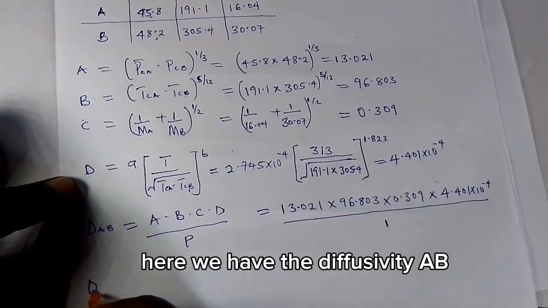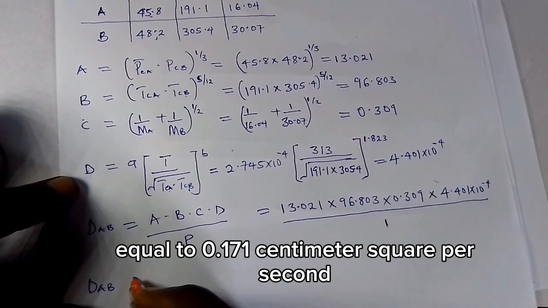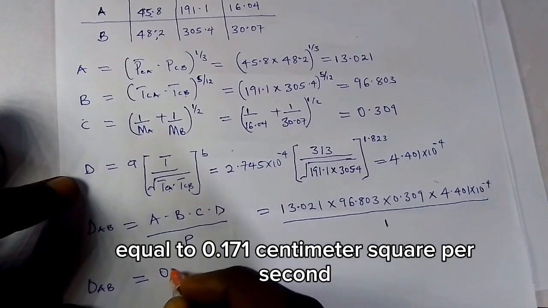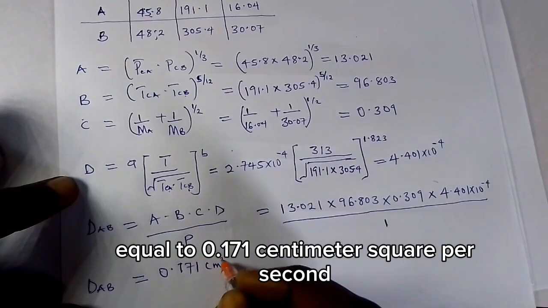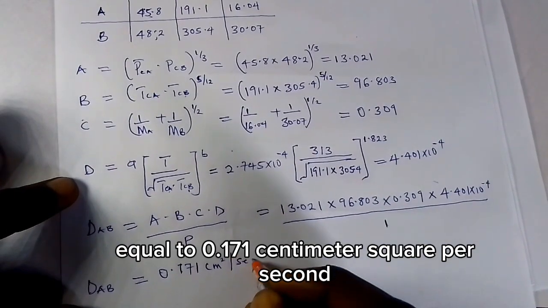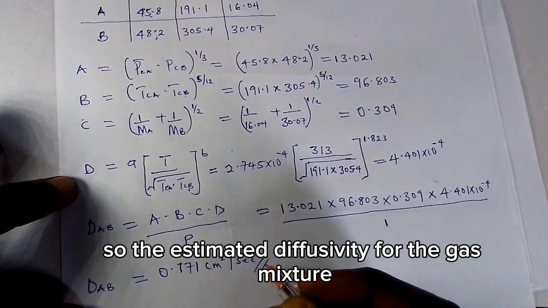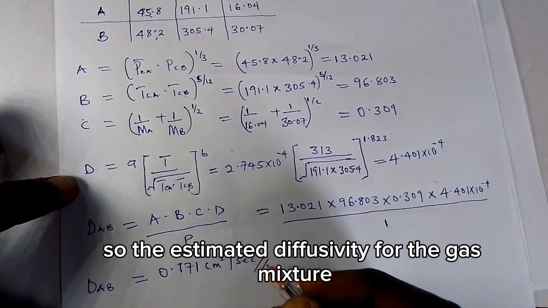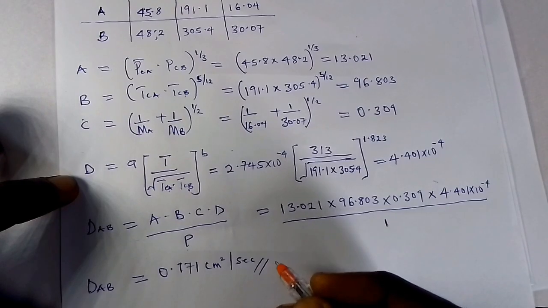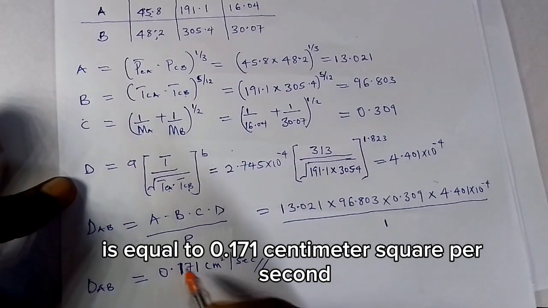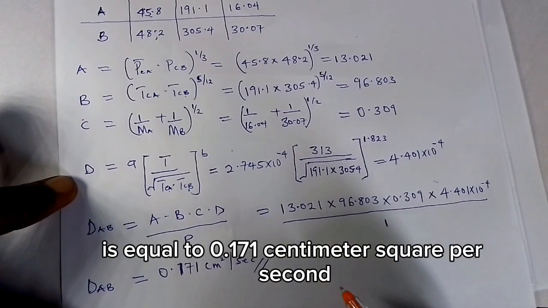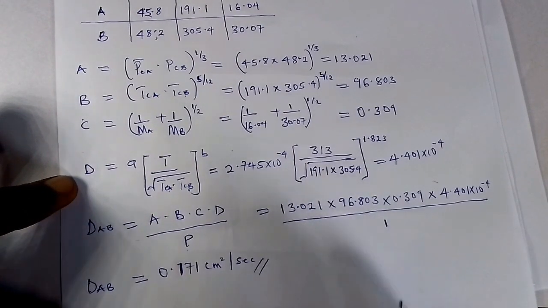Here we have the diffusivity AB equal to 0.171 centimeter square per second. So the estimated diffusivity for the gas mixture methane to ethane is equal to 0.171 centimeter square per second. This is the solution.